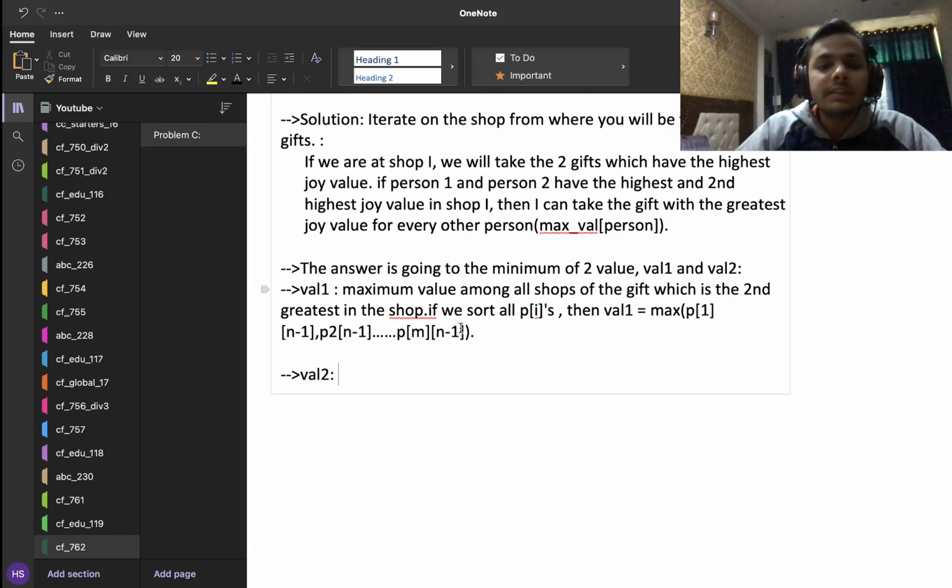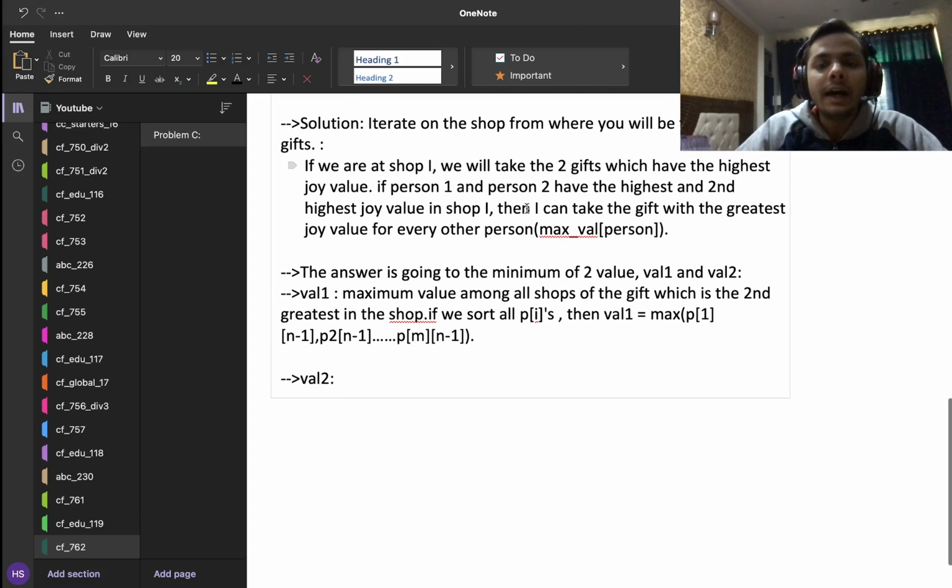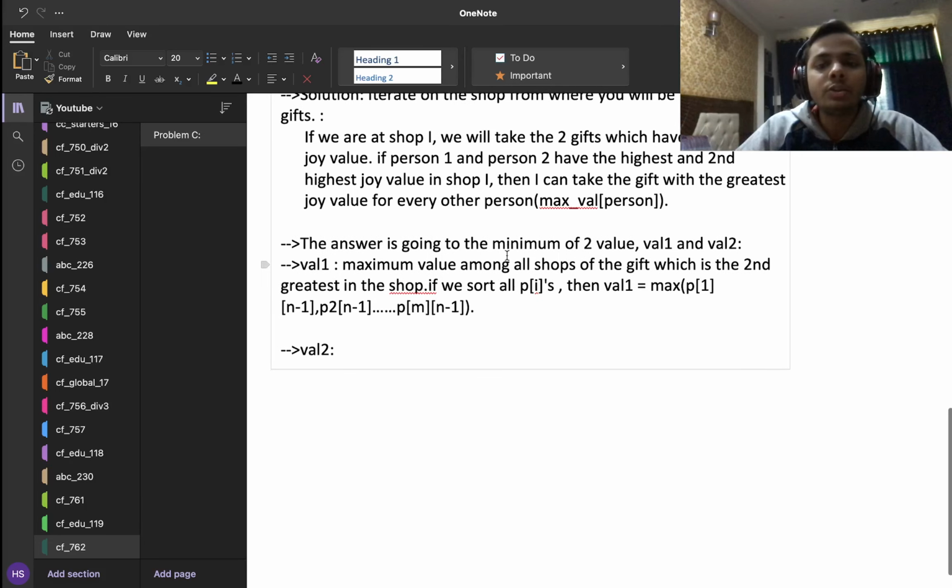Again, since I am fixing the shop from which I am taking the two maximums, for all the other persons other than person 1 and person 2, I know that I am free to choose their maximum values. So val2 will be, and again, out of all those maximums, I need the minimum, right? So val2 will be the minimum among all max val i.